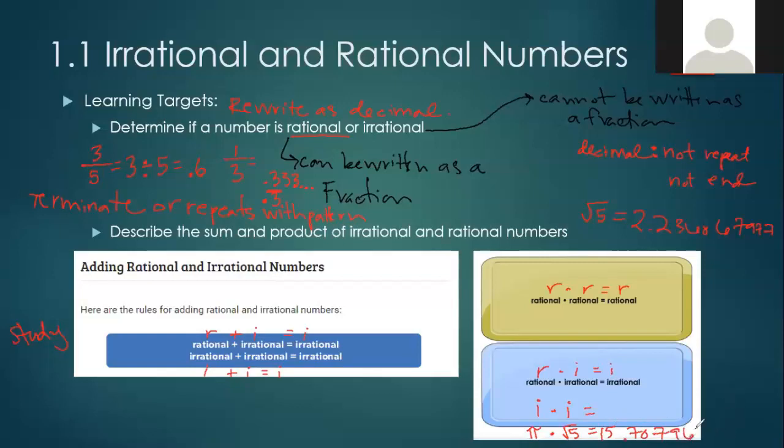Can someone confirm that I've done this the same as them? 67948. All right, a bunch of decimals. Do we see a repeating pattern? No, and it also continues on in that same way. So an irrational number times an irrational number is also irrational.